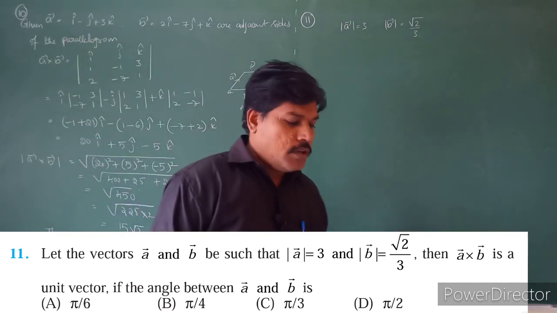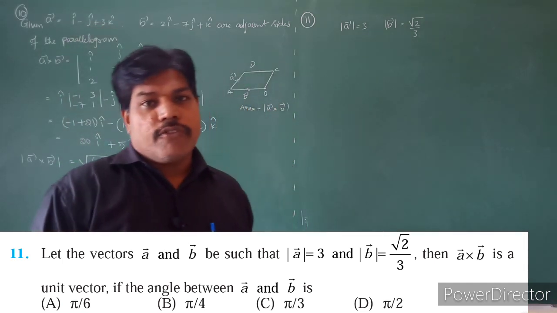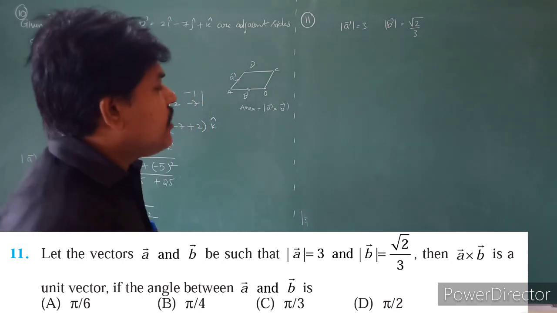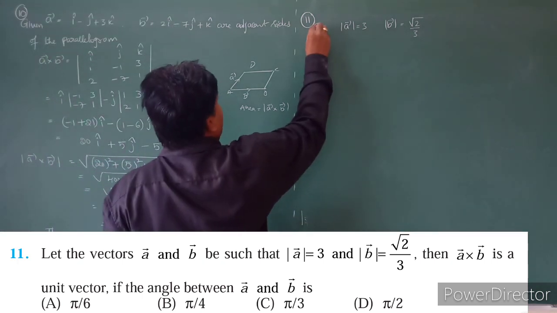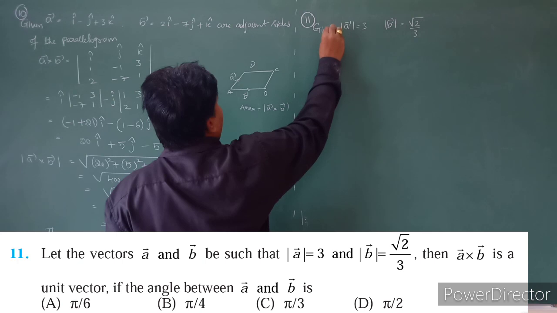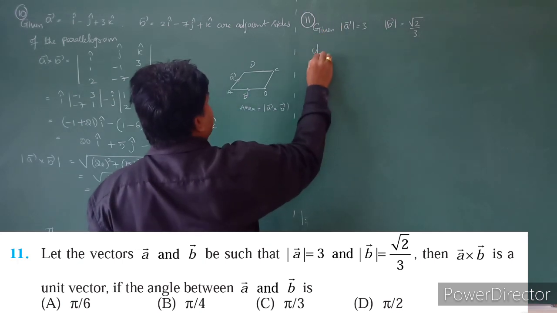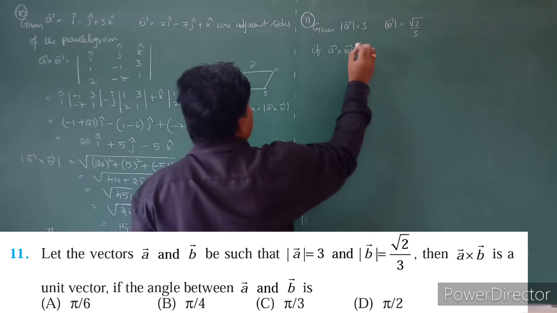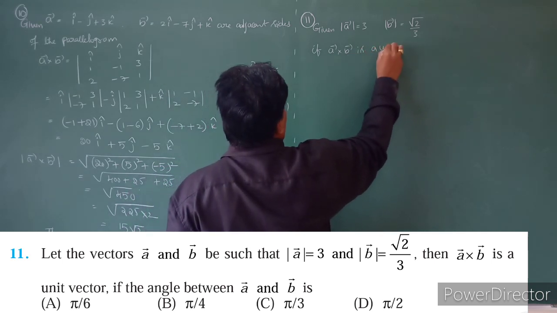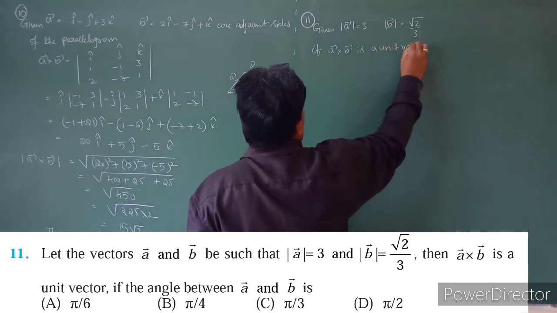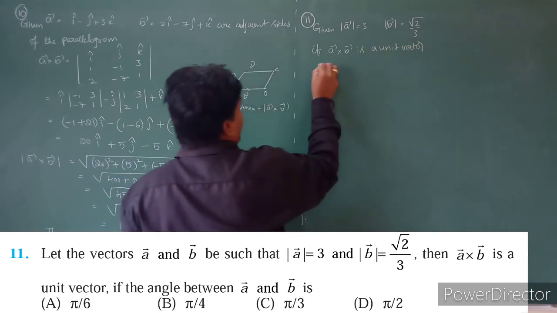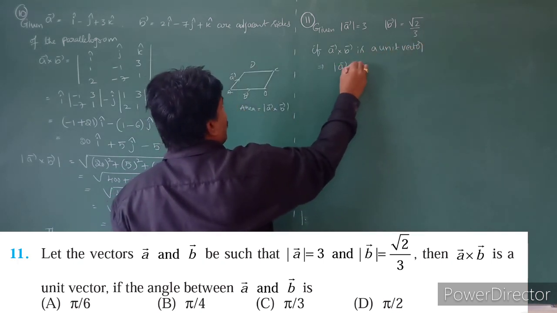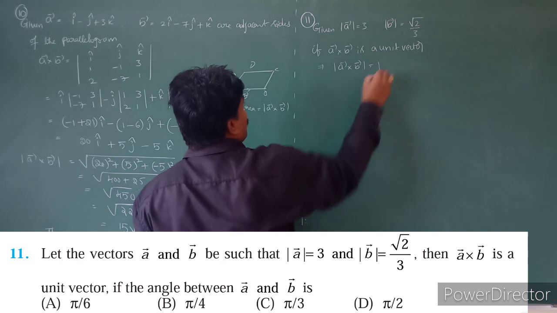If a bar cross b bar is a unit vector, given these two conditions, that implies mod a bar cross b bar is equal to 1.